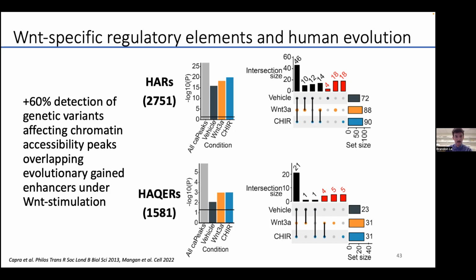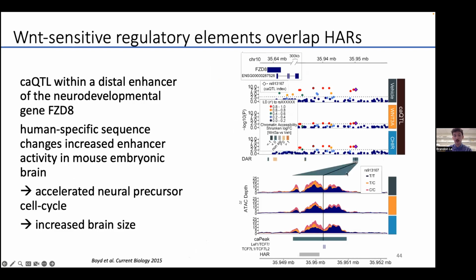And just to show you one example that I mentioned a little bit already, we actually found overlap of variants that regulate chromatin accessibility within this HAR that is a distal enhancer of that Frizzled 8 gene, the one that was shown to change the development of the mouse brain when expressed transgenically.